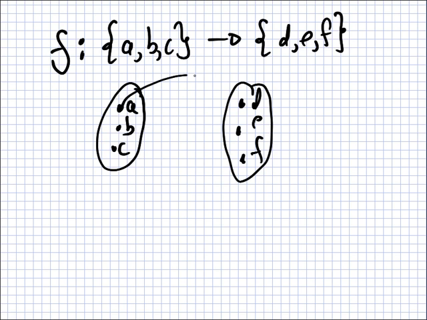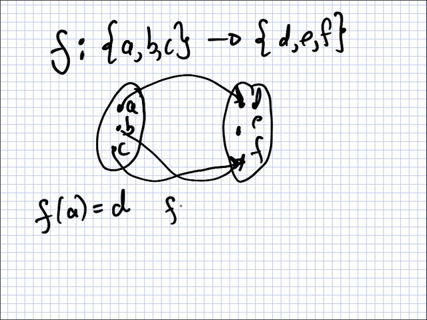Maybe a goes to d, maybe b goes to f, maybe c goes to f. So this means f of a is equal to d, f of b is equal to f, f of c is equal to f. You get that this is an example of a mapping.